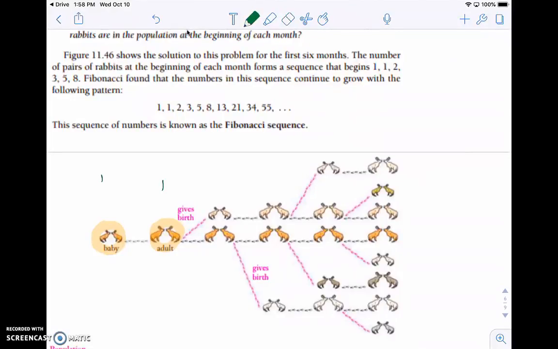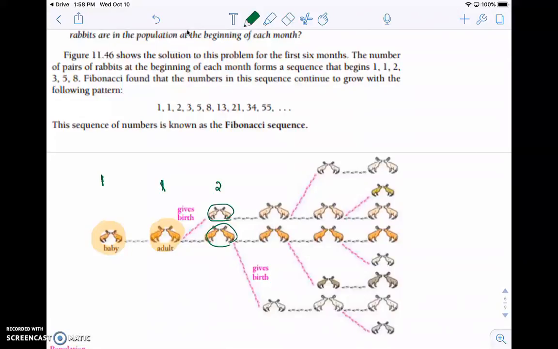Our first month we have one pair. Our second month we have still the one pair, but now they've matured. So when we go into our third month, this pair is going to give birth to a pair, but then they obviously remain. So there are now two pairs.